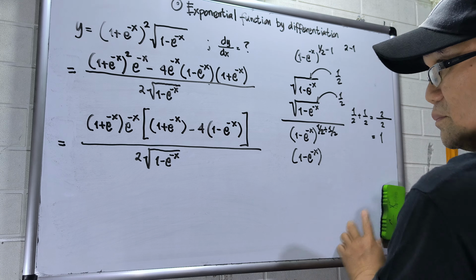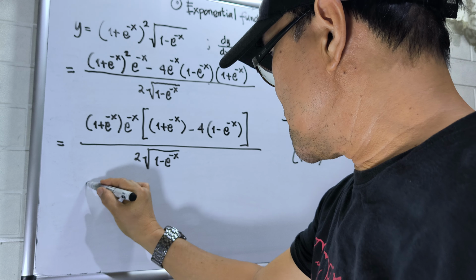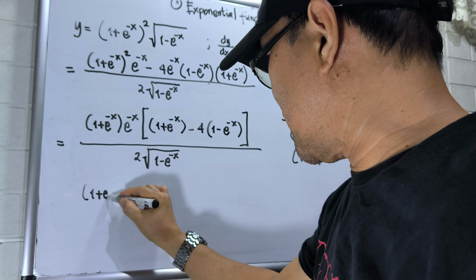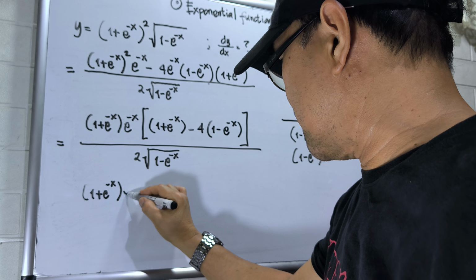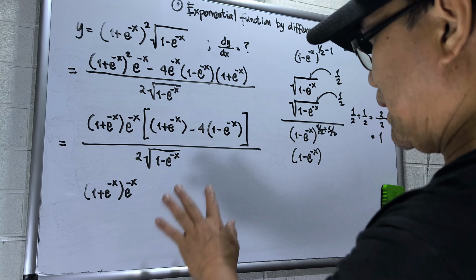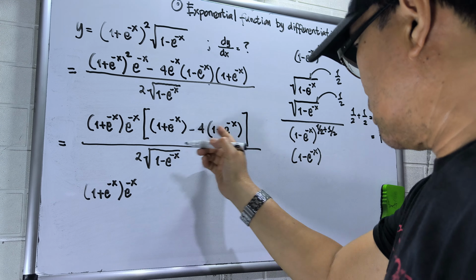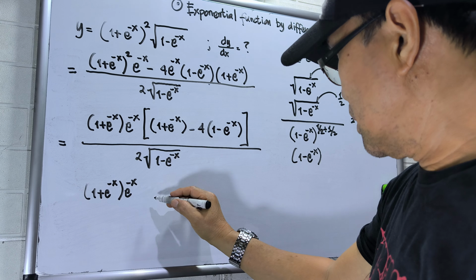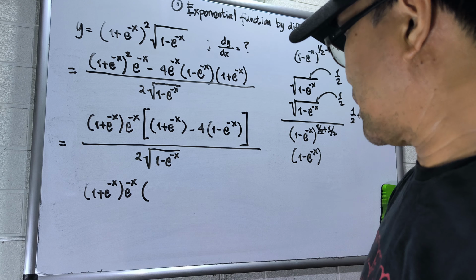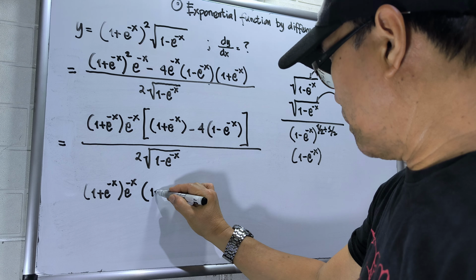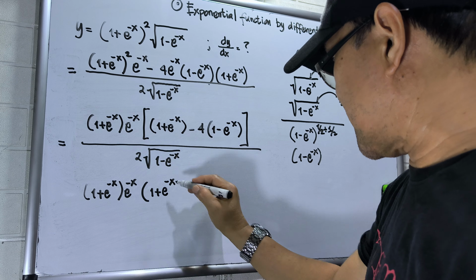Okay? So this will be circle brackets 1 plus e to the negative x times e raised to the negative x, and then simplify this one. So group or combine. So this will be circle brackets 1 plus e to the negative x.